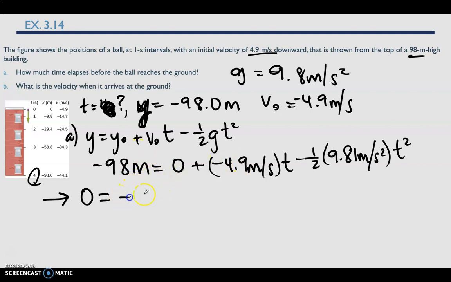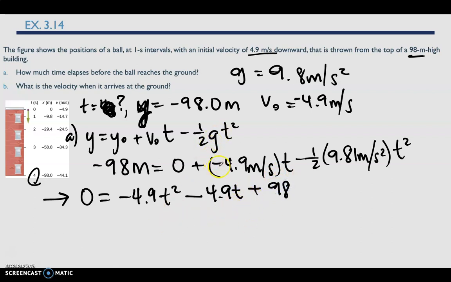So I'm going to say negative 1/2 times 9.81. I'm going to go ahead and round that to 4.9 t squared minus 4.9 t plus 98.